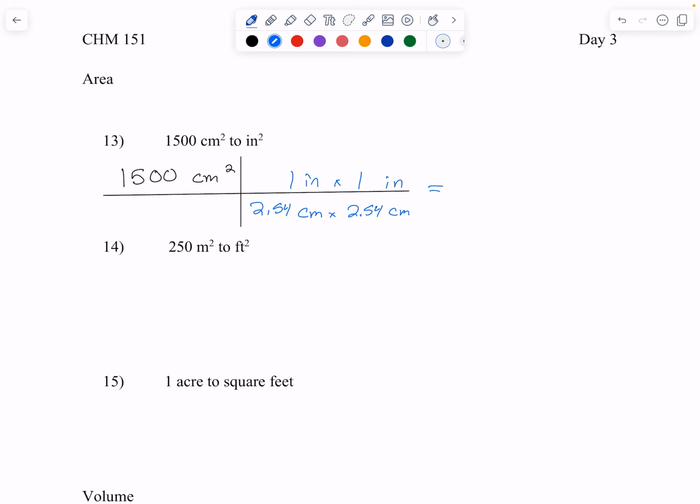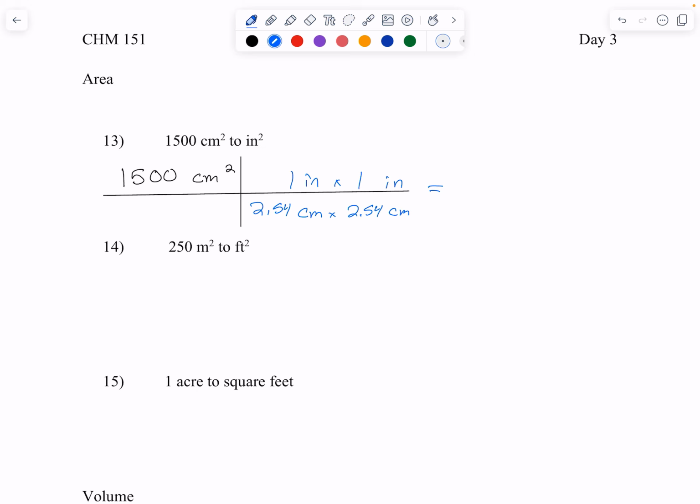Depending on your calculator, you take 1,500 divided by 2.54, divide again by 2.54. If you are not using the squared button, like if you're just using a phone or basic calculator, you have to do 1,500 divided by 2.54, divide by 2.54, or divide by 2.54 squared, because the order of operations matters.